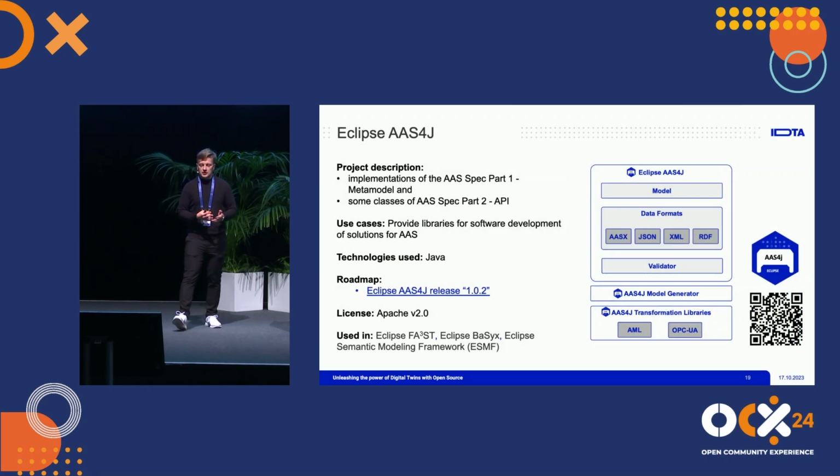We have now projects that rather provide the basis for software development, which are libraries. So we have the Eclipse AAS4J, or Eclipse model for Java, which is, again, similar to the web client. It's implementing mostly the metamodel of the AAS and part of the API, so that we have a framework where software developers can build their applications for the AAS on top of it.